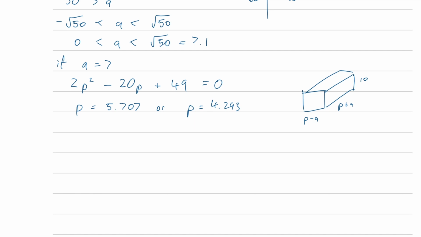Right, so I'm just looking at this side, and I'm substituting in either p and our value for a. And since both values of p give us a negative value, it makes me think the solution isn't meaningful in this context. So therefore, p minus a is 5.707 minus 7, which is less than 0 for a equals 7, not a solution.